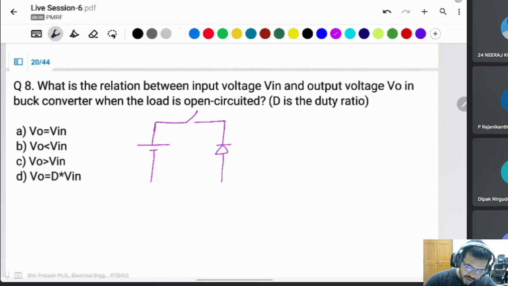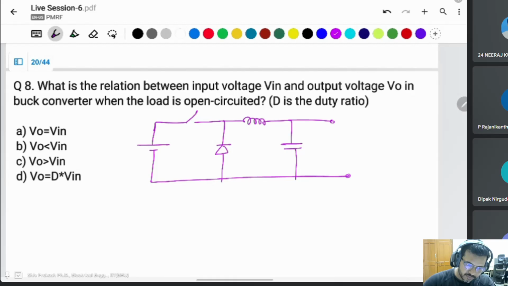In the buck converter, the capacitor, this is the open circuit. What happens if it is open circuited and you use the duty cycle? This is the duty cycle. Then what is the output voltage here?